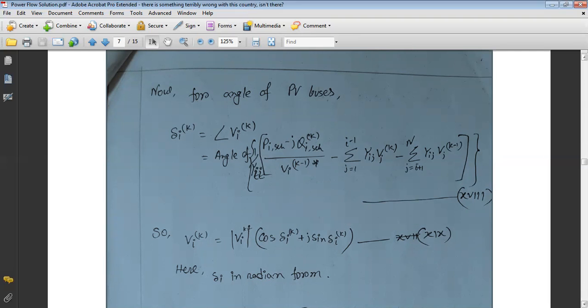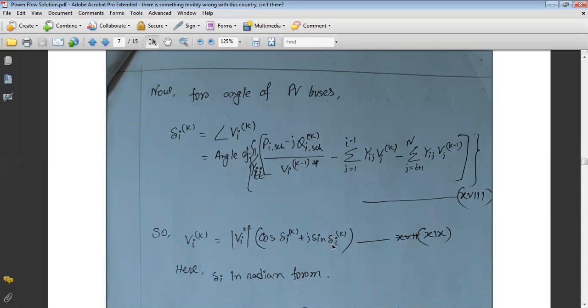After finding the voltage angle, we have to update our voltage values. So if bus 4 is a PV bus and the voltage magnitude is given in the question like 1.5 per unit, then the magnitude is fixed. So there should be 1.5 per unit, the magnitude is fixed. And here we consider only the angle.